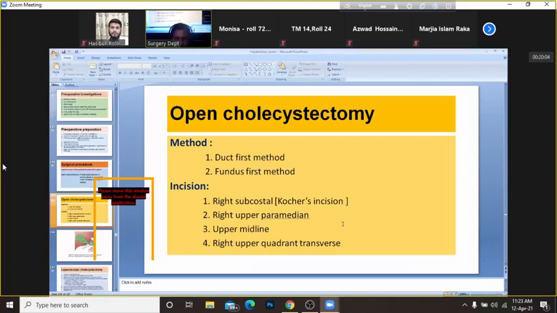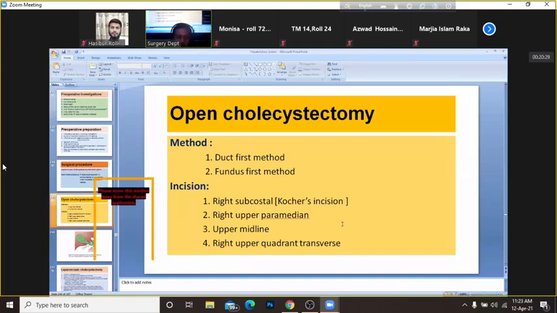Duct first method, that is, the duct has to be dealt with first, followed by gradual separation of the gallbladder from the gallbladder fossa of the liver. But sometimes Calot's triangle cannot be clearly visualized, and it is not very easy to identify the cystic duct, cystic artery, common bile duct.